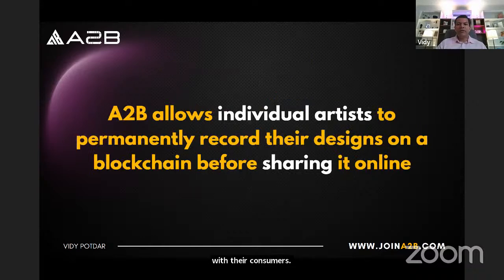A2B will also allow individual artists to permanently record their designs on a blockchain before sharing it online.